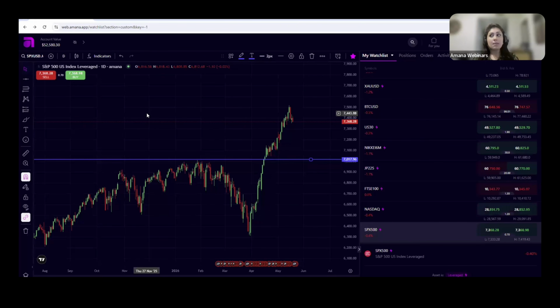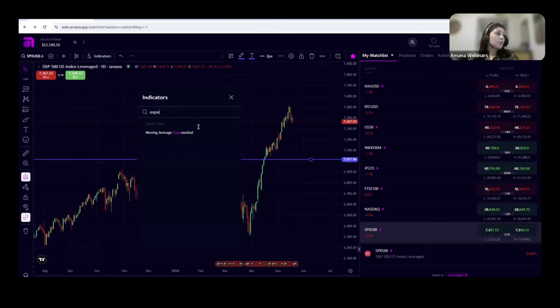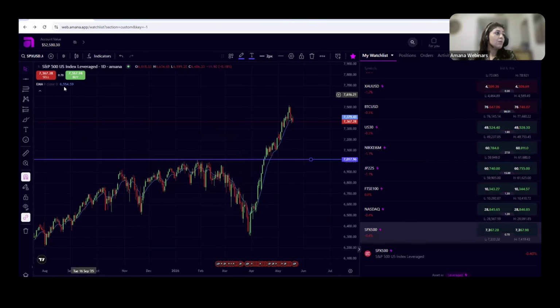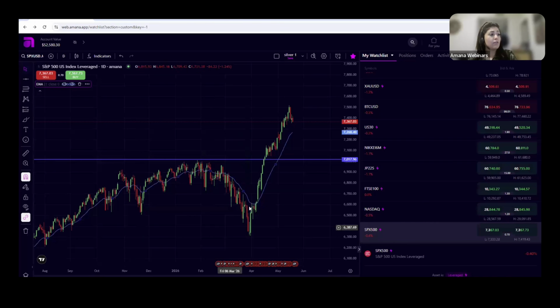But that is again with strongly trending markets, not with every market. Since this market has a sharp trend, I could use the exponential moving average, again not for all markets, and the 21-day. So I have to change the second settings here to 21. So the average price of the last 21 days with more weight given to the recent prices. That's what the exponential moving average is, right?